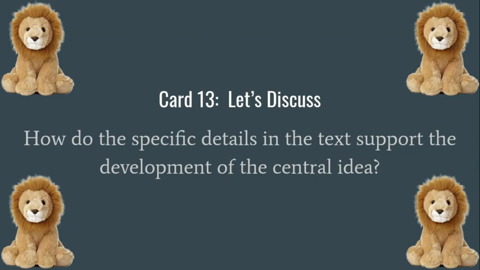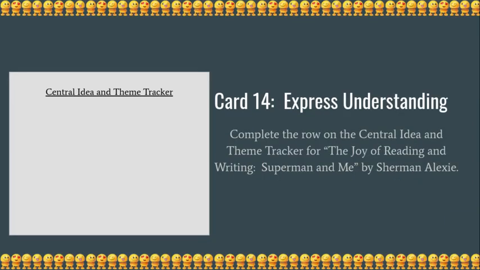Now let's look at our question again. How do the specific details in the text support the development of the central idea? And now I want you to open up, if you haven't already done so, your Central Idea and Theme Tracker handout.